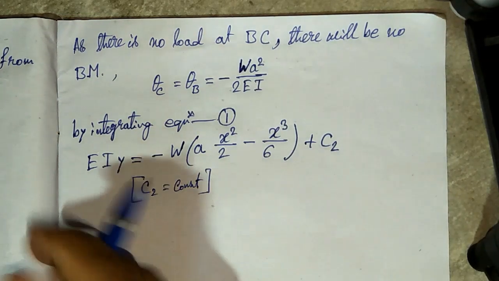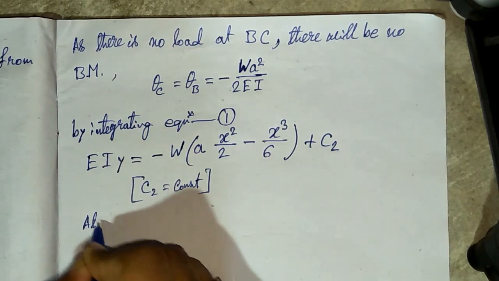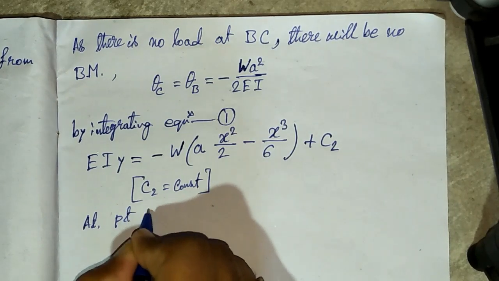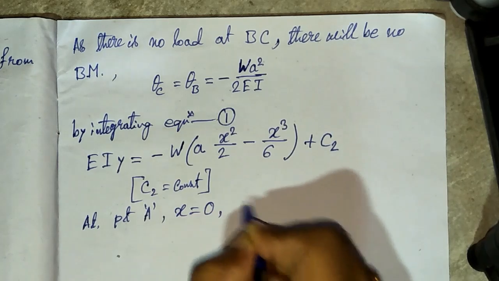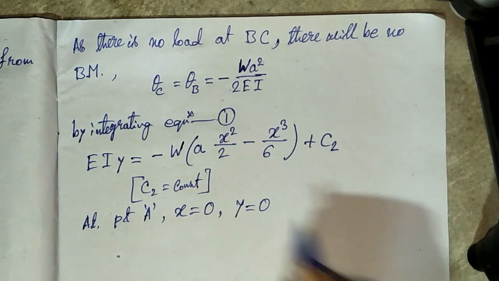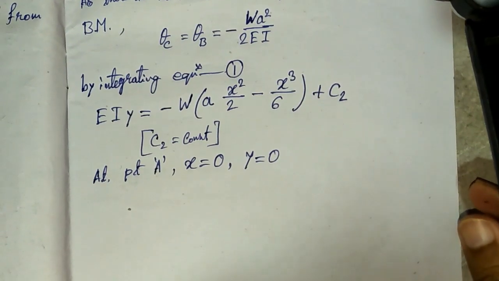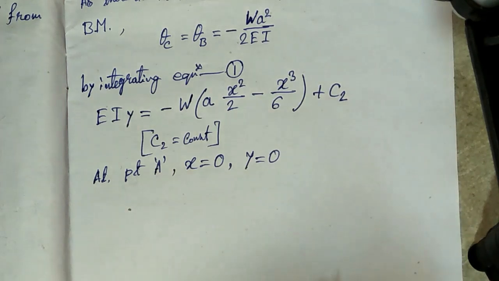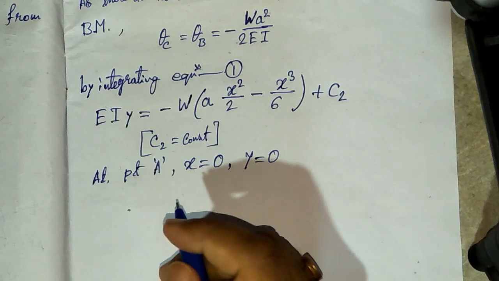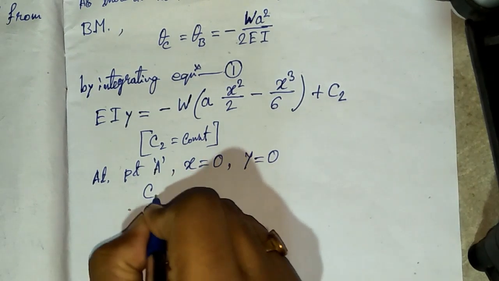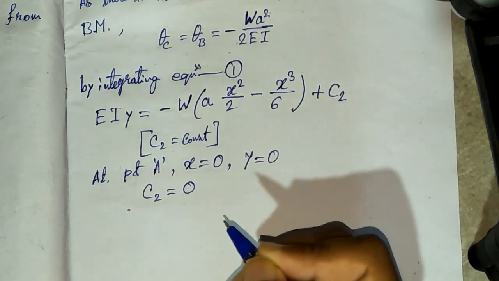And at point A, we can say that the x value is 0 obviously, and deflection is 0. So by applying this condition into the above equation, we find the C2 value is obviously 0.